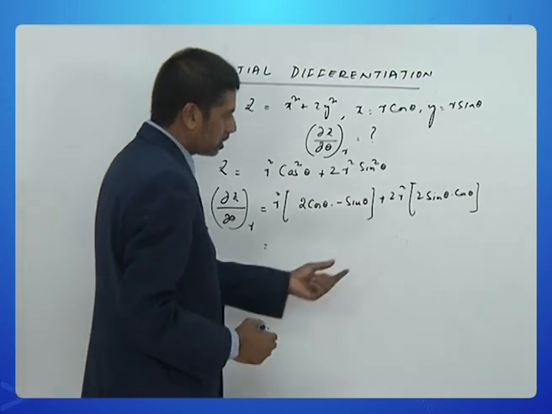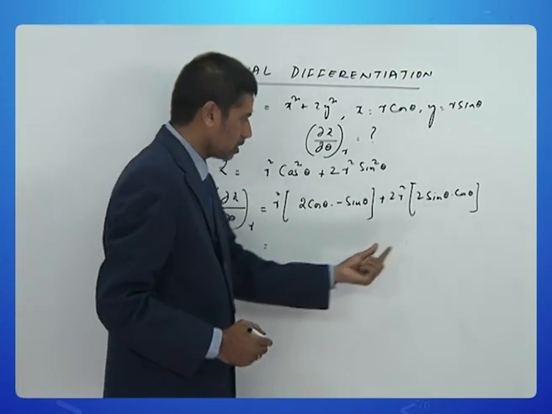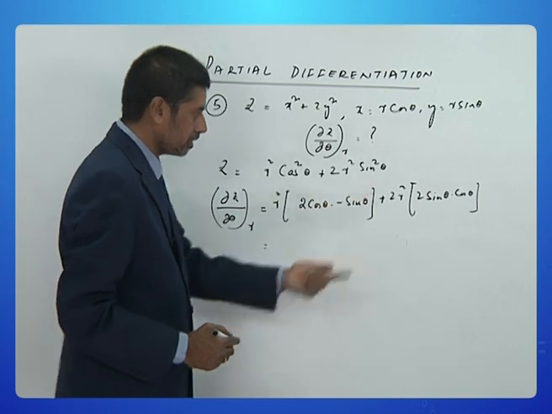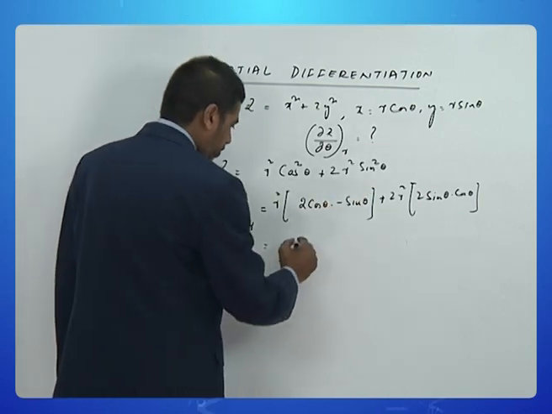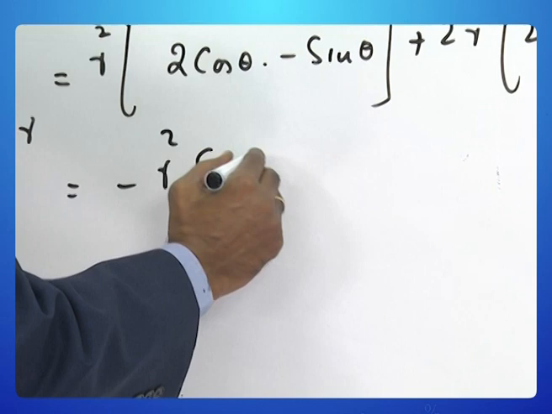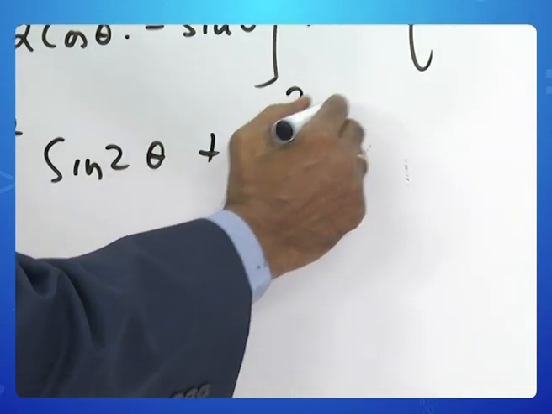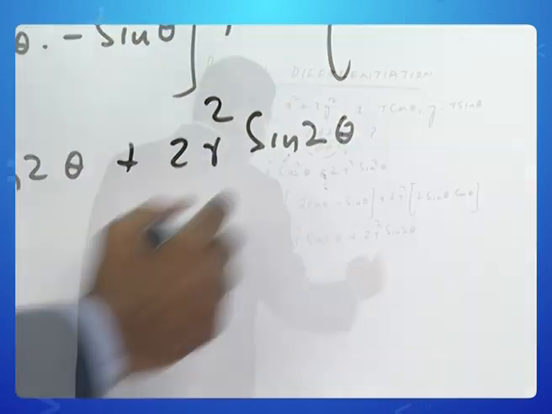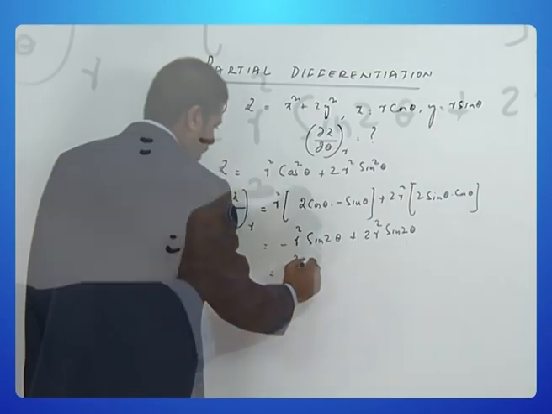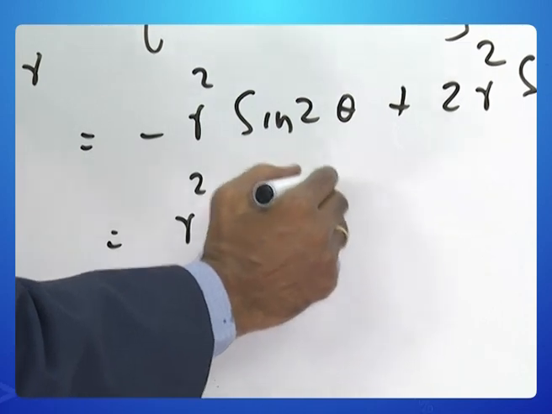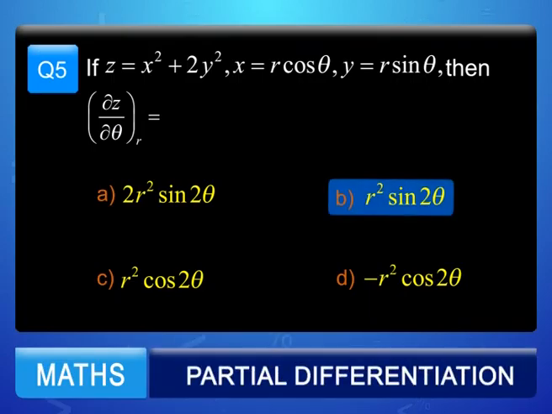Please observe that 2 sin theta cos theta is a common factor, and that is nothing but sin 2 theta. So we'll have minus r square sin 2 theta plus 2r square sin 2 theta. This will be nothing but r square sin 2 theta, and the correct option is B.